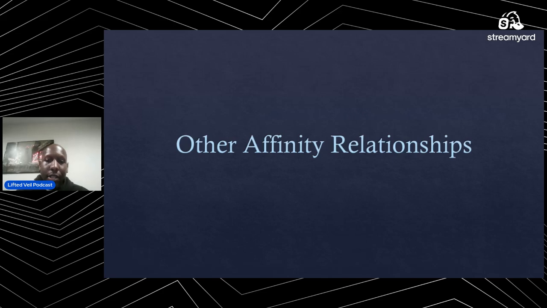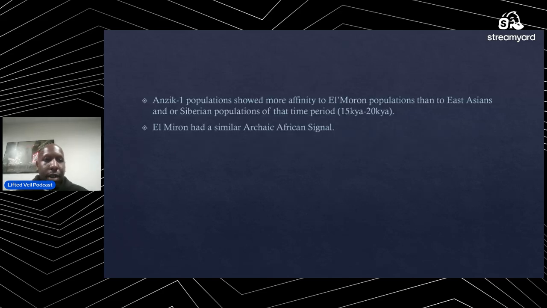Other affinity relationships. Anzick 1 populations show more affinity to El Moran populations than East Asians and or Siberian populations of that time period. That's interesting. In the prior slides, it said the Anzick 1 populations showed affinity to Native Americans.